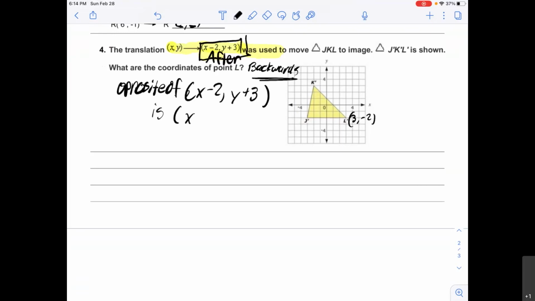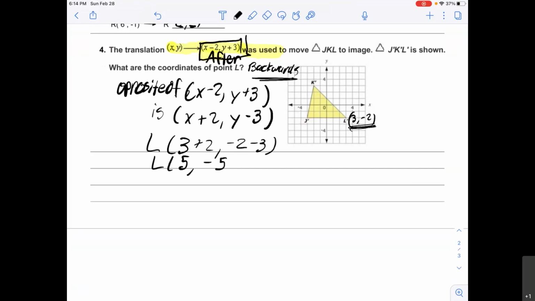So instead of x minus 2, I'll do x plus 2. And instead of y plus 3, I'll do y minus 3. Again, I'm working backwards, so I'm going to do this the opposite direction. So here I had the point 3, -2 for L prime. So now I can plug this in. So L will be at 3 plus 2 and -2 minus 3. That is 5, -5.